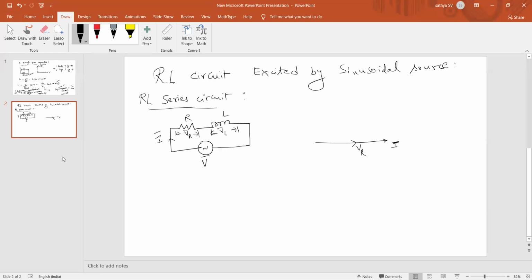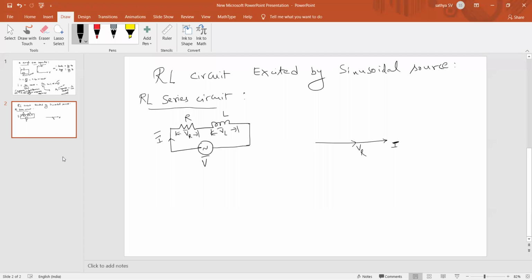Now here this is not a pure inductor and a pure resistor, so it may have some angular difference of phi. If you consider these as pure resistor and pure inductor, then you may go the same as we discussed earlier. For inductor, what is the relation between V and I? E equals L into di by dt.